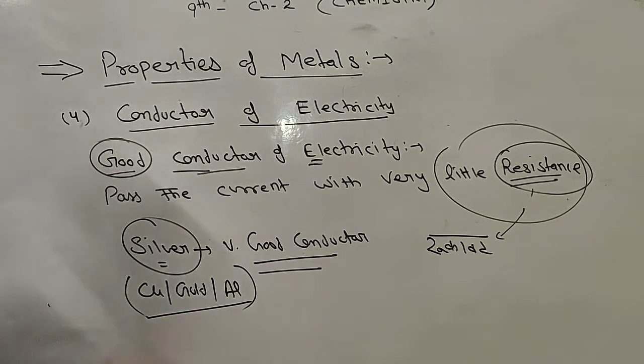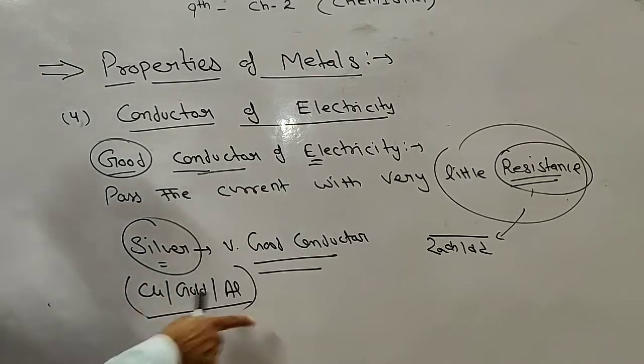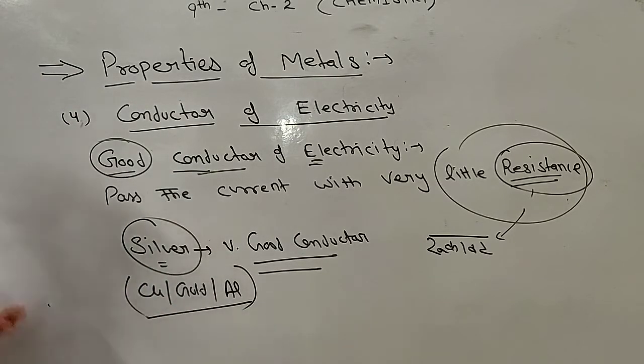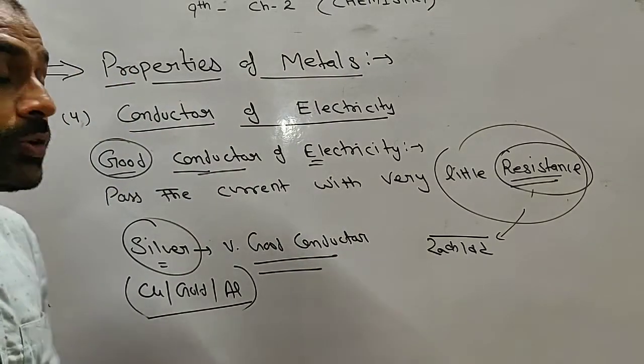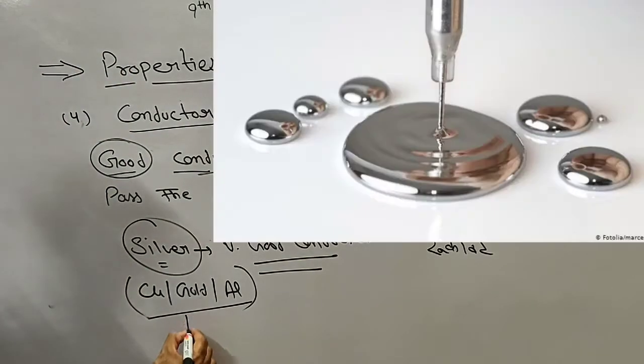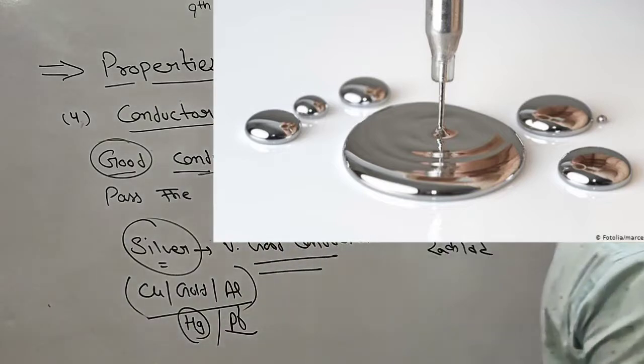So for this property, copper and aluminium are used in electric wires because they are good conductors of electricity. In the same way, there are also some metals which are not good conductors of electricity, like mercury is not a good conductor, and lead is not a good conductor of electricity.